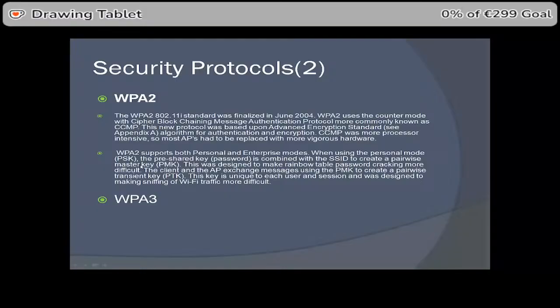The reason for doing this is to basically defeat rainbow table attacks. Rainbow table attacks are those attacks where you take a hash and compare it to the hash on a rainbow table, and you find the match, and then you know the password.